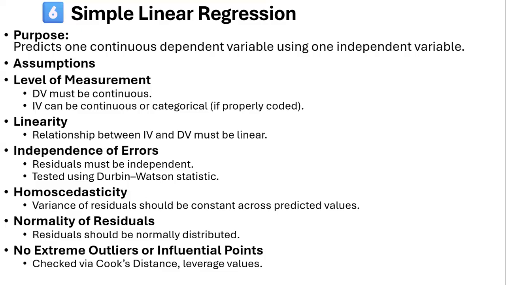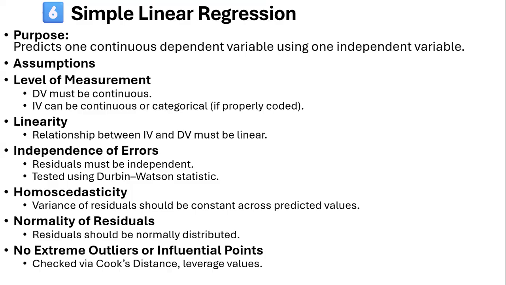So the assumptions underlying linear regression include that of the levels of measures, which cuts across that it must be continuous, and also the linearity assumption between the independent variable and the dependent variable should also be there.